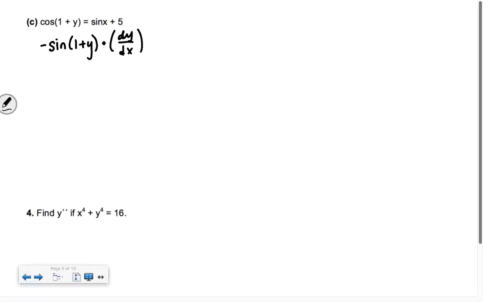It's dy over dx, like 0 plus dy over dx, right? That equals sine of x, whose derivative is cosine of x, and then the derivative of 5 is 0, right? So if we're solving for dy over dx, we just divide that over. So I'm going to have cosine of x over negative sine of 1 plus y.